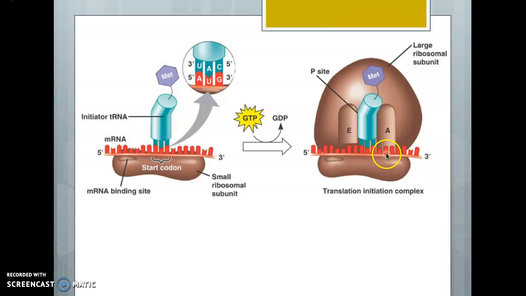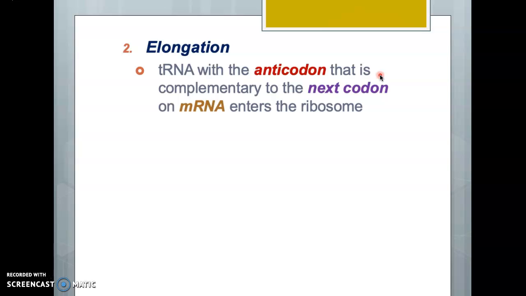Well, here's 1, 2, 3 bases that line up to that A spot that is empty. So that's going to be a spot where the next tRNA can come in that has the correct anticodon, which is going to bring another amino acid to sit right in this spot next to the methionine, and that's going to line it up so that the two amino acids can attach to each other.